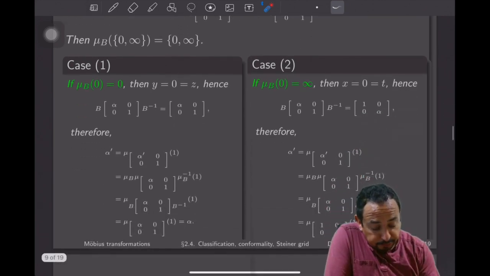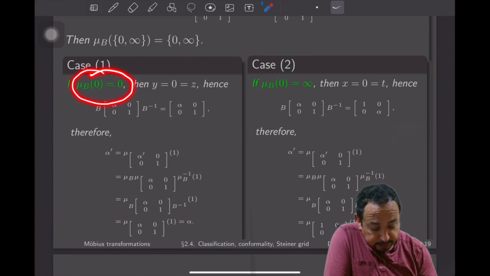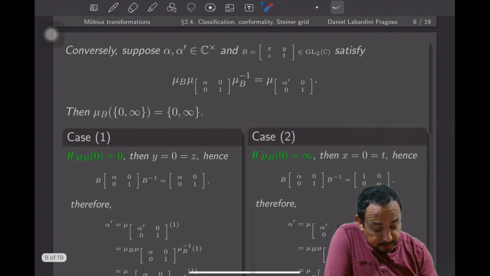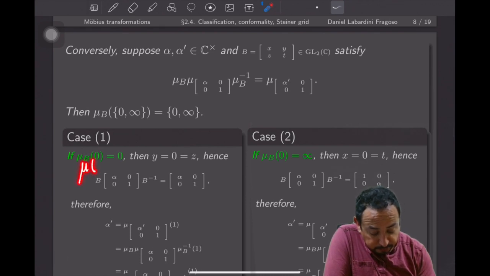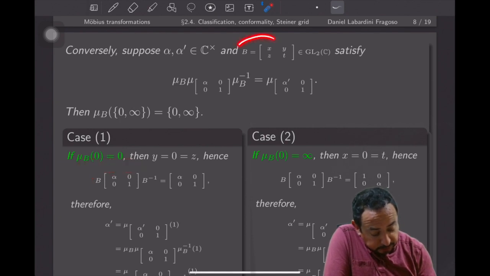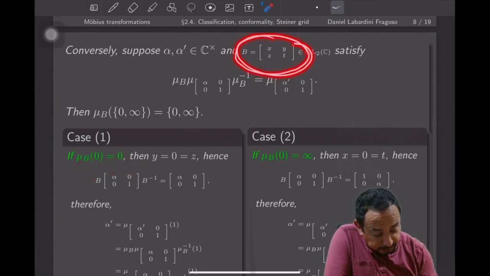So suppose that mu of B fixes 0. Right? Then mu B of infinity is infinity, right? And then from that, what I deduce by looking at the matrix is that I have 0 here and 0 here, right?